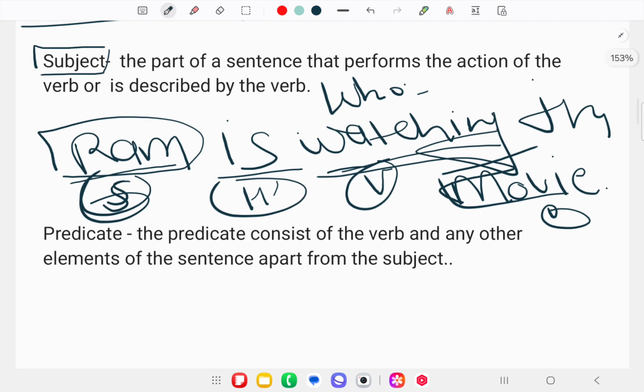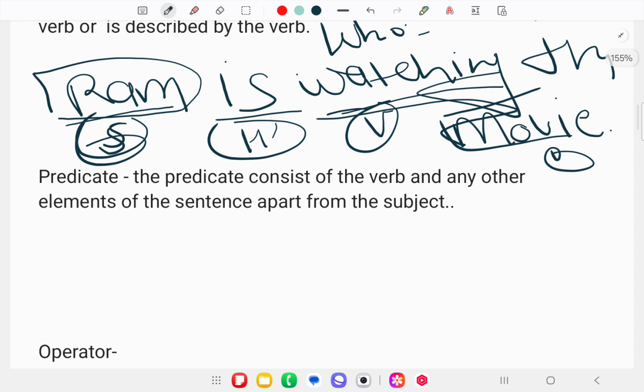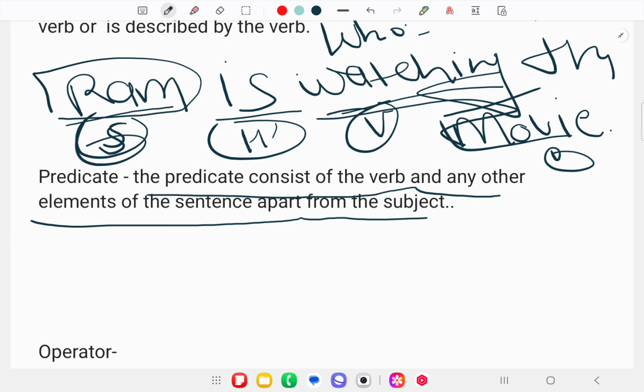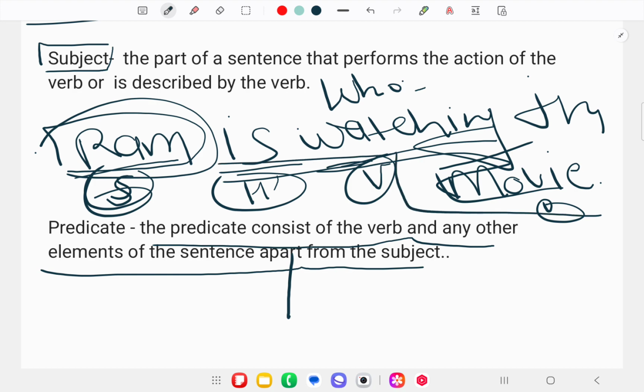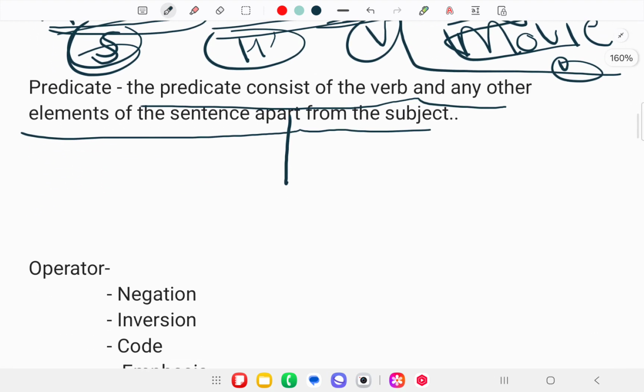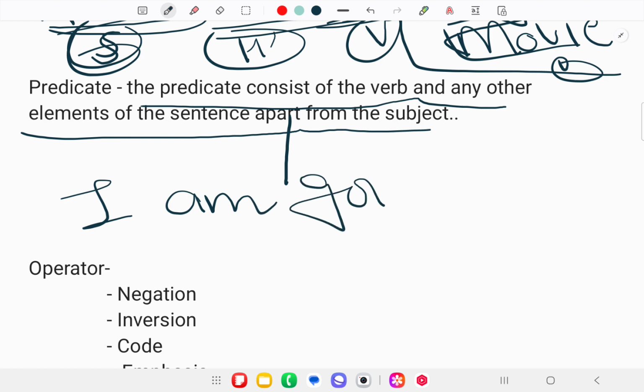Okay, next we have another portion, that is the predicate. What is predicate? The predicate consists of the verb and any other elements of the sentence apart from the subject. This means that besides the subject, whatever we have is known to be the predicate portion. Suppose I say, I am going to market.